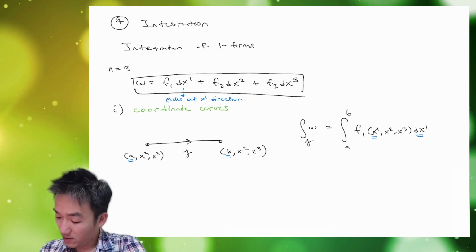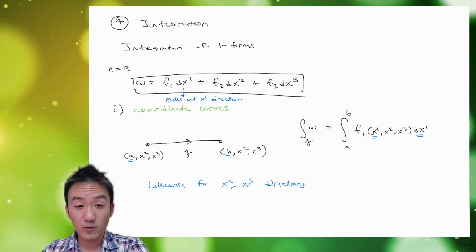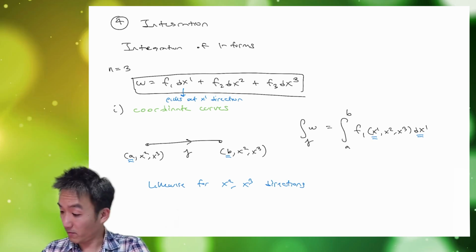Okay, and this is likewise for the x2 and x3 directions. If I had curves going in the x2 and x3 direction, I would just apply the same formula. I'd now have the corresponding f2 or f3 and do that integral.